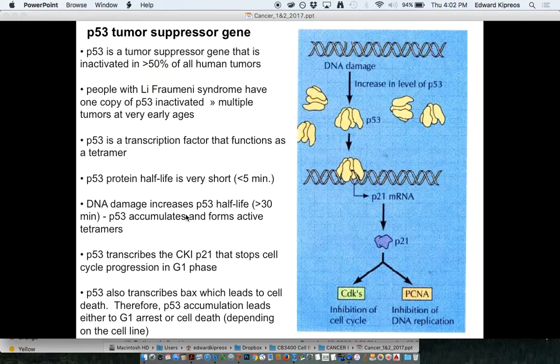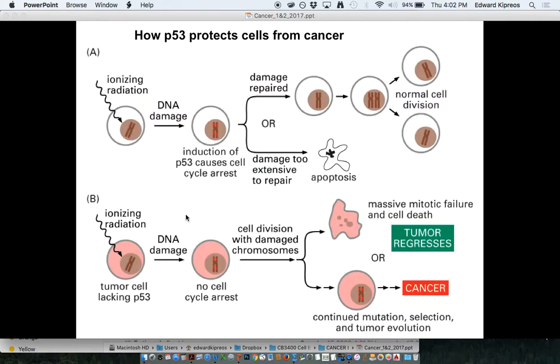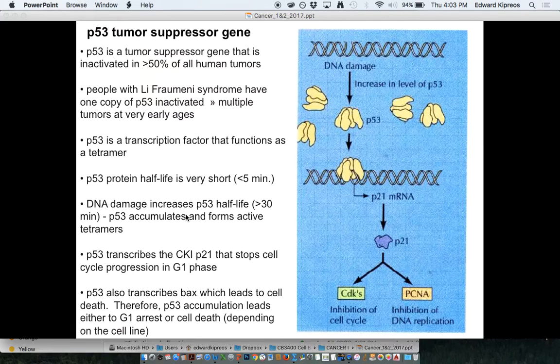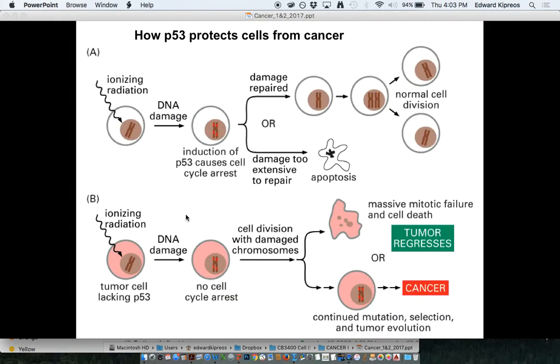So it's going to stop the cell cycle and turn on genes to repair the damage. This cell gets arrested and repairs the damage. As soon as the damage is repaired, there are no more replication forks, which is what's causing the DNA damage signal. P53 gets degraded, and then the cell just keeps going through the cell cycle and starts dividing again. Or there's so much DNA damage that P53 induces apoptosis through a pathway we'll talk about. The cell kills itself. That's the end of the story for that cell, but the organism doesn't have to worry about getting cancer from that cell because it killed itself.